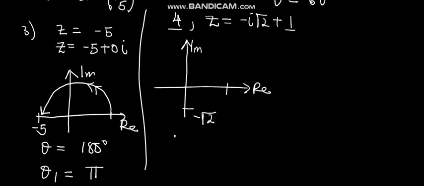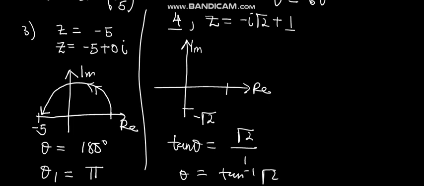So we need to find the argument, which is √2 out of 1, and we said that theta is equal to tan inverse of √2. So what is the answer? Tan inverse of √2, so theta is equal to 54.7 degrees.